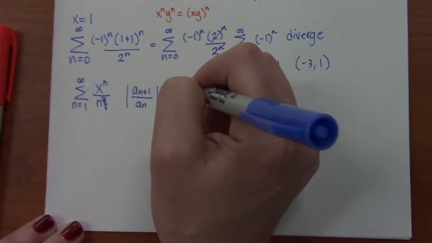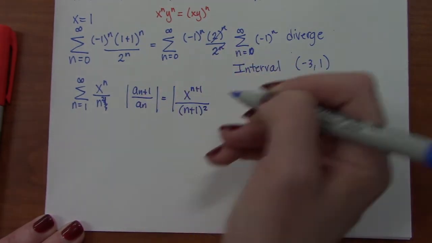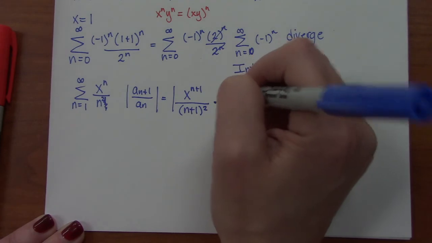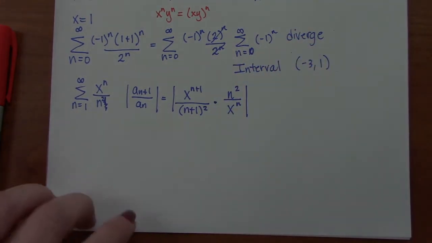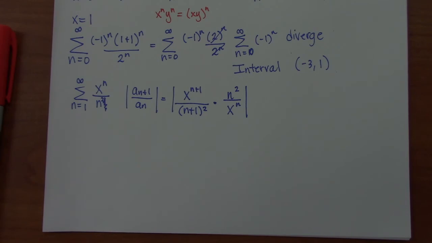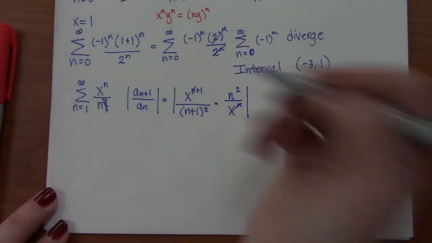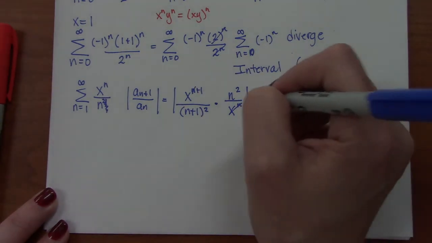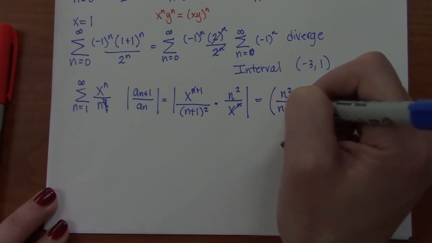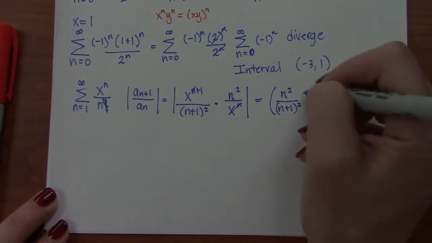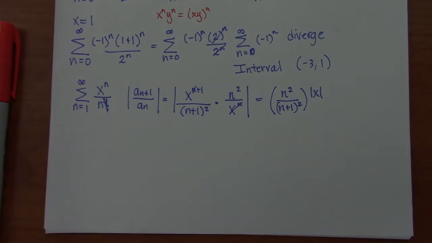We're going to get x to the n plus 1 over n plus 1 squared, right, times n squared over x to the n. The x to the n cancels, and what I'm going to be left with is n squared over n plus 1 squared times the absolute value of x.